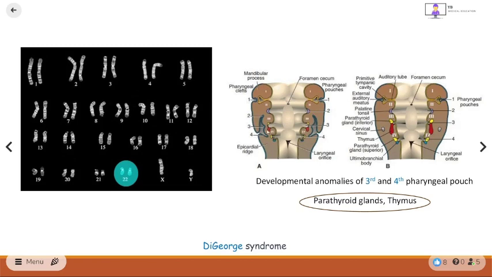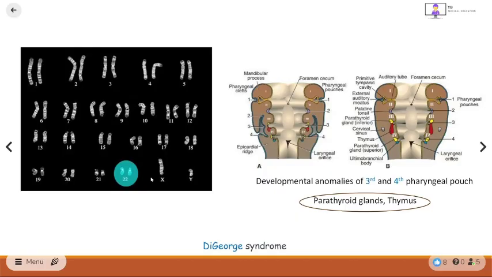The third pharyngeal pouch gives rise to the inferior parathyroid because it's 3, the lower number, and the fourth pharyngeal pouch gives rise to the superior parathyroid gland. And the ultimobranchial body gives rise to the C cells of the thyroid gland. And all these associate with the thyroid diverticulum, which comes down from the tongue, and they both stay in the neck to form the thyroid gland, right?